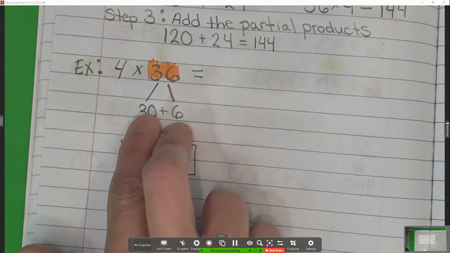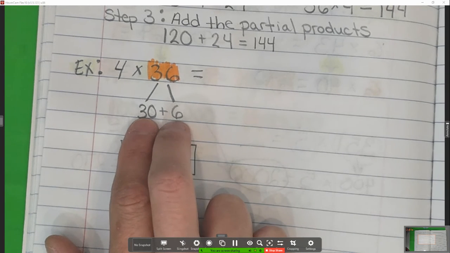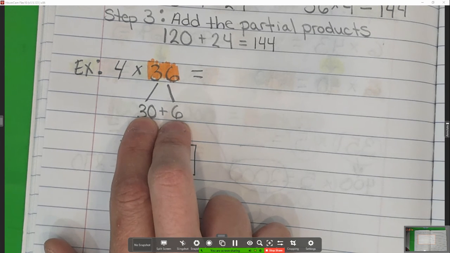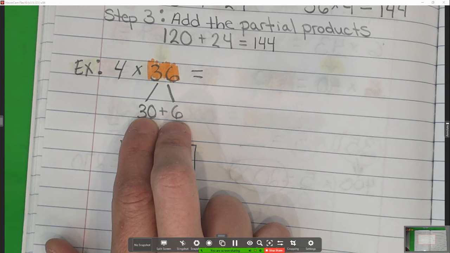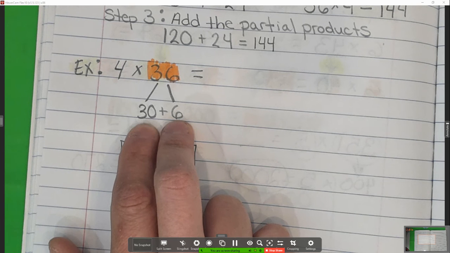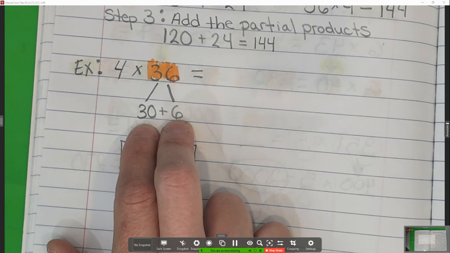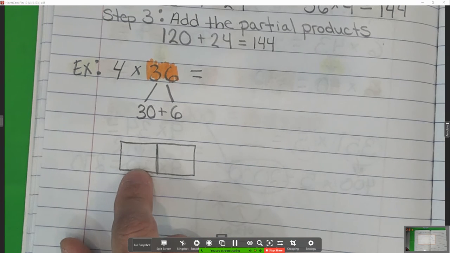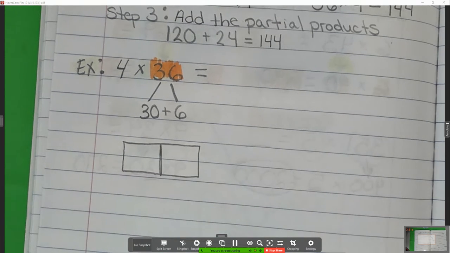When we expanded 36, how many sections did I expand this number into? 2 sections, right? So that's why I have 2 boxes. Now I'm going to make a connection.